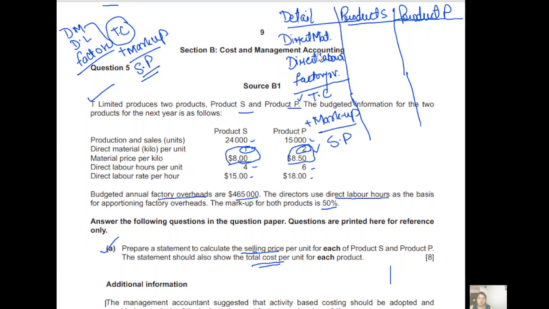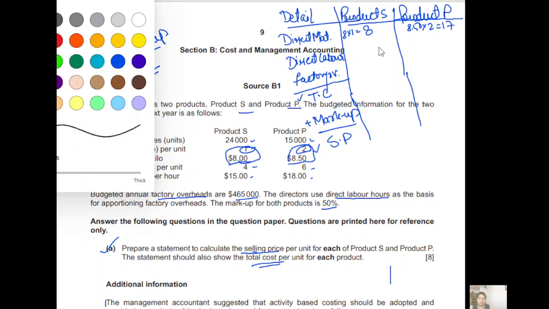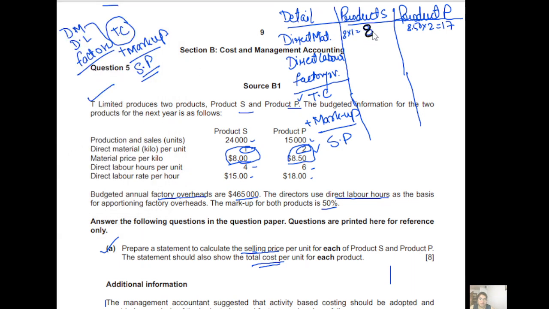So here we have to multiply 8 into 1, that is 8, and then 8.50 into 2, that is 17. Okay, so here we find 8 and here 17.